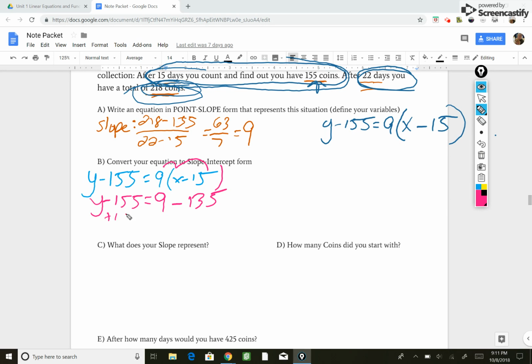Then you're going to add this over. You should end up with y equals 9x plus 20.